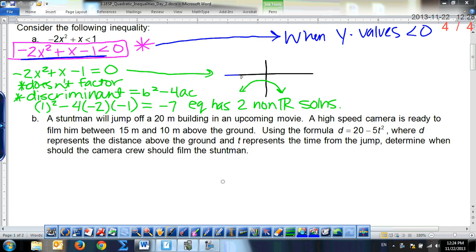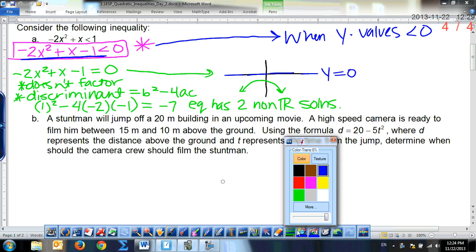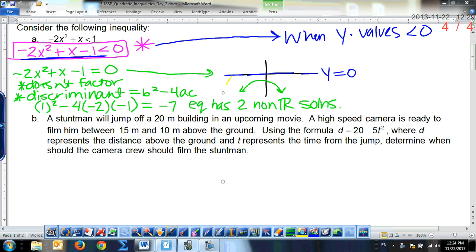Well, would you agree that the x-axis is the line y equals 0? Yeah, so when does the parabola fall below 0? Always. The whole parabola is under there. So no matter what x value I plug in here, my y value will end up being less than 0. Would you agree with that?